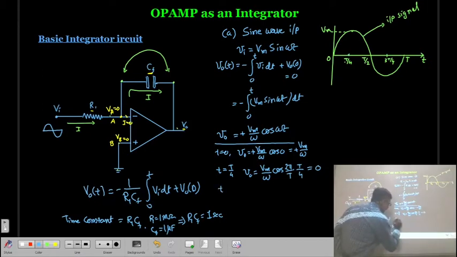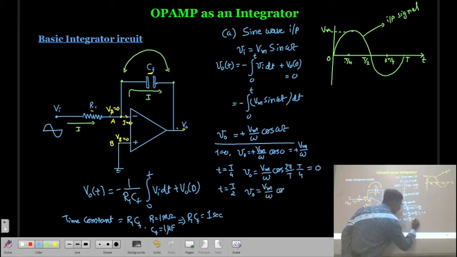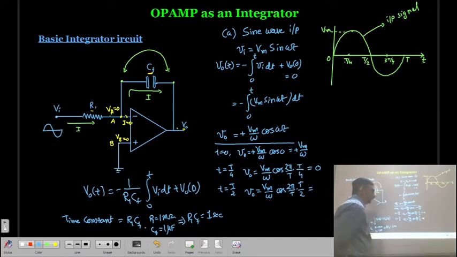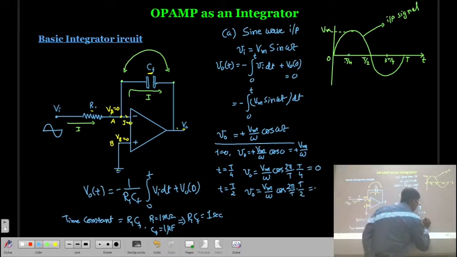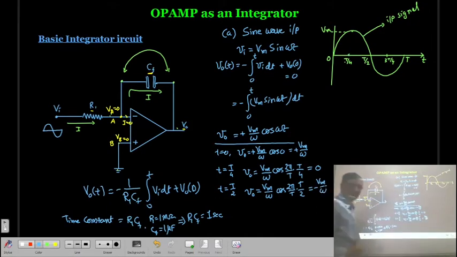If you take t is equal to T by 2, then the output voltage will be Vm by omega cos 2 pi by T into T by 2. So T will be cancelled, 2 pi by 2, so it will be pi, and cos pi is minus 1, so this will be minus Vm by omega.